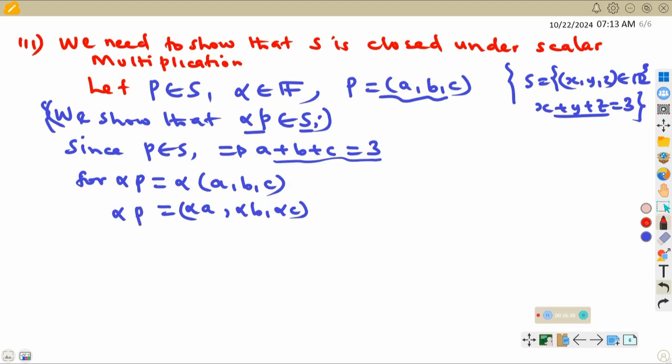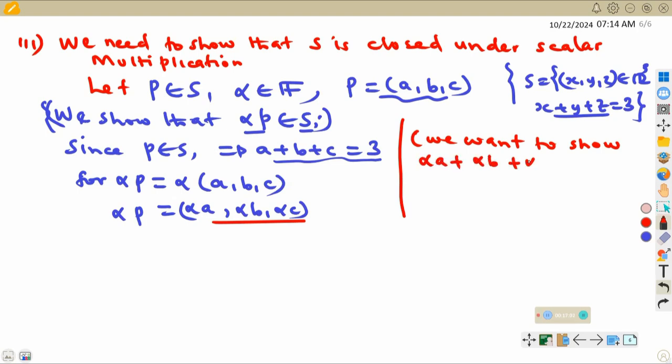So what do we need to show now? We have alpha P as this, but remember we want to show that alpha P is an element of S. Let me put it here so we know what we want. In other words, we want to show that when we get alpha A plus alpha B plus alpha C, we shall get a 3.